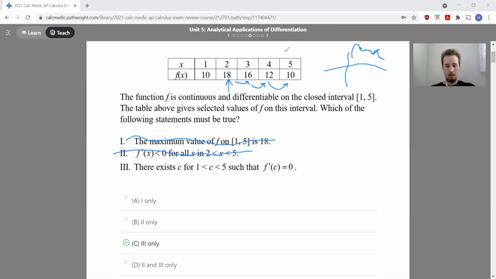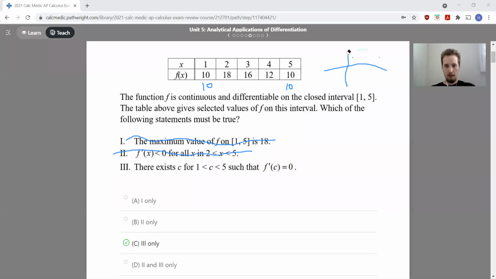Well, actually, Rolle's theorem, but it's also a version of mean value theorem. So we have our endpoints here, which is at x equals 1, it's 10, and x equals 5, it's 10.